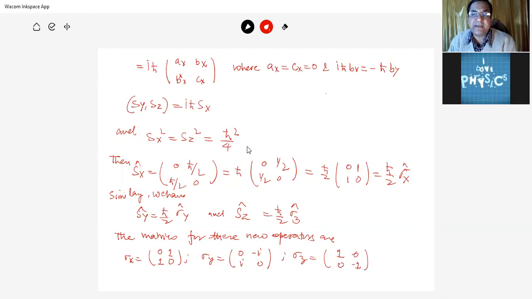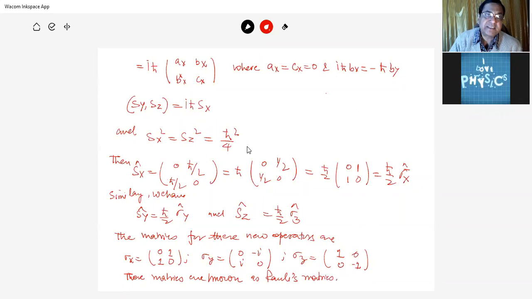And these matrices are known as Pauli's matrices.